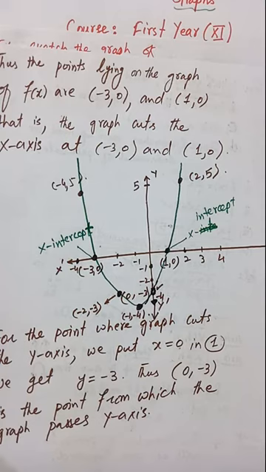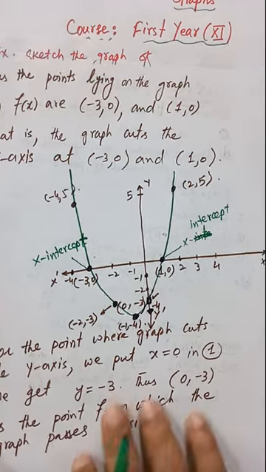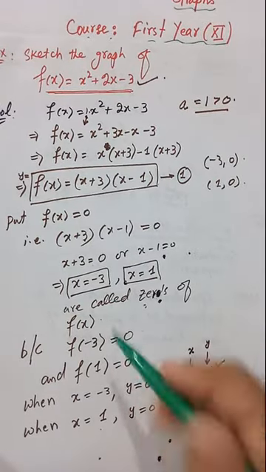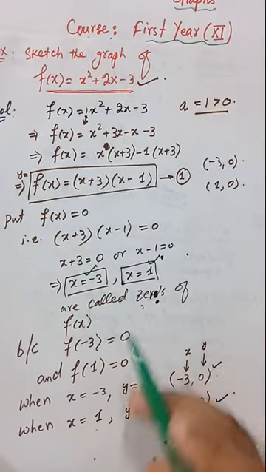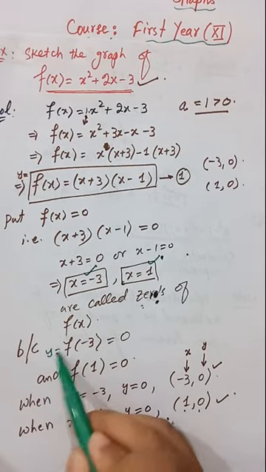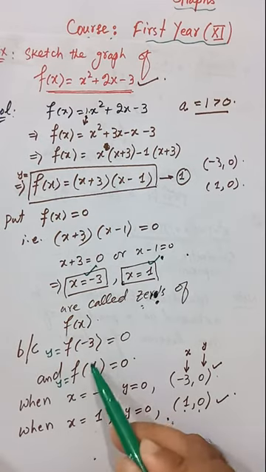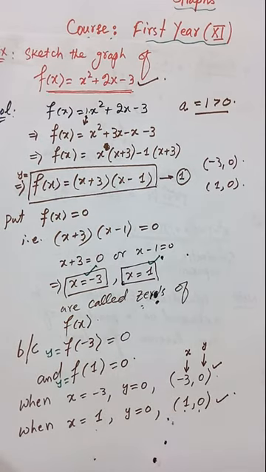In this case, the thing is explained in other words, but the meaning is the same. The values of x for which y equals 0 are called zeros of the function.